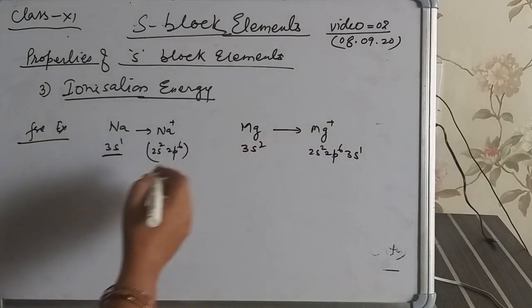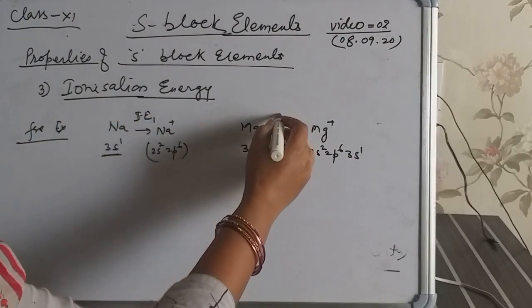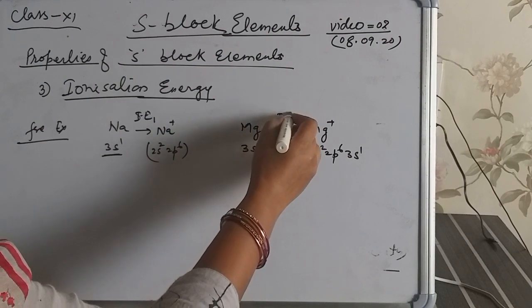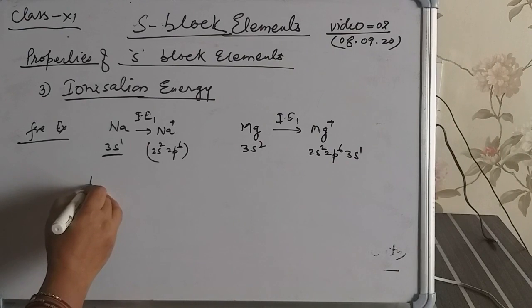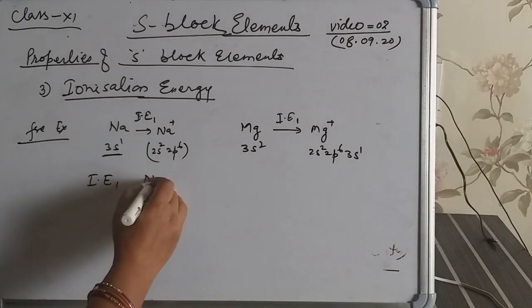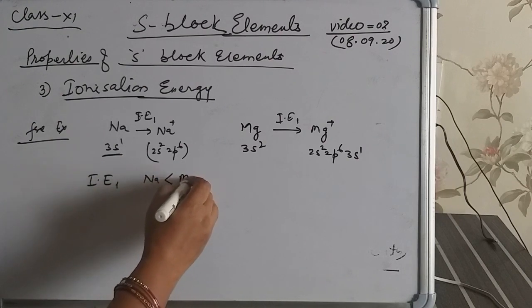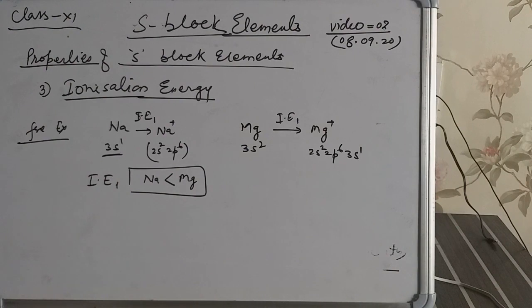So this is their first ionization enthalpy. The first ionization enthalpy IE1 of sodium is less than magnesium.